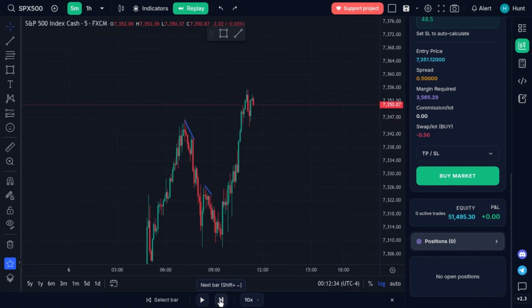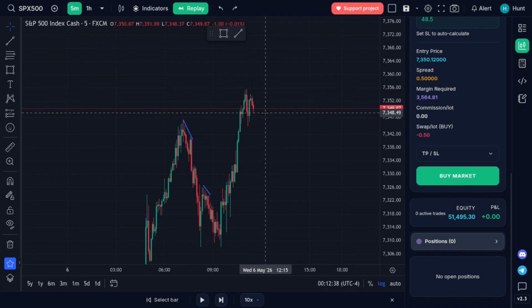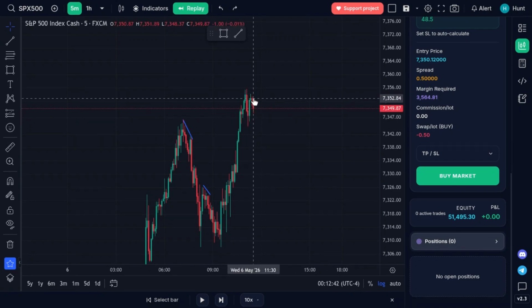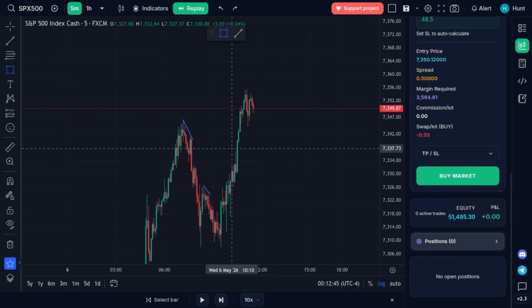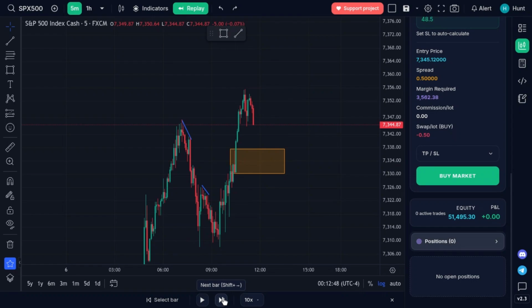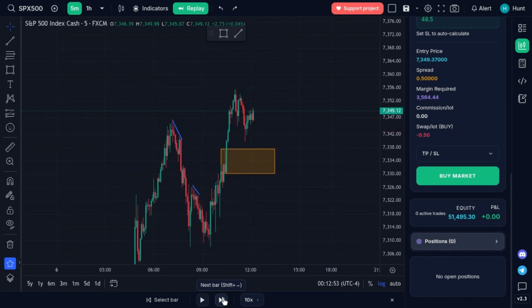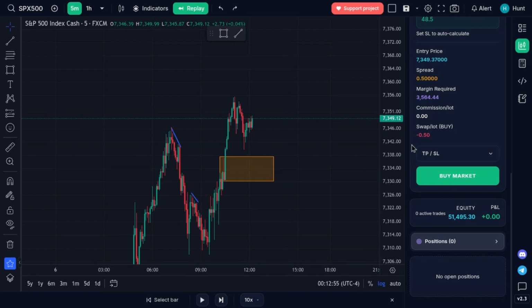Now we'll wait again. So we're kind of engineering buy side liquidity here. However, I would not even look to enter here. I would want to enter on this order block if we make it down there. Okay, so we got close enough.